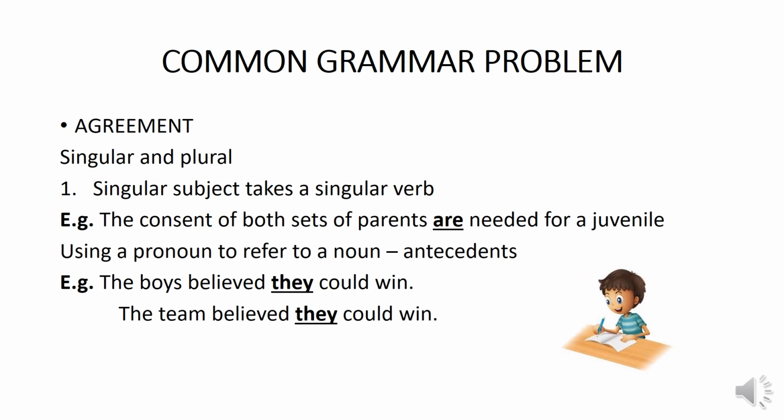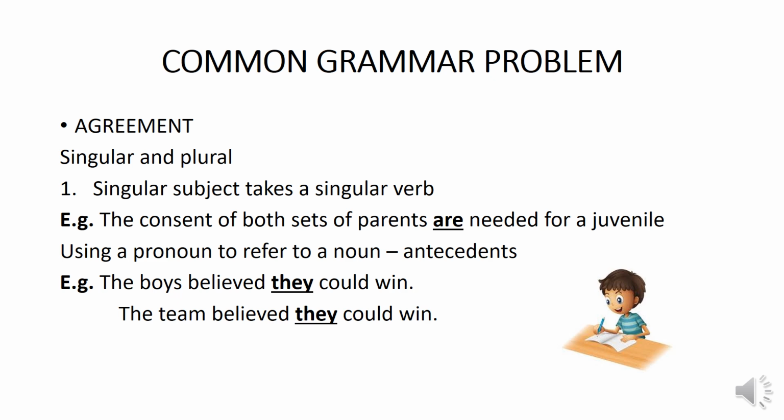Common grammar problems that we need to resolve: the singular and plural agreement. So singular subjects take a singular verb. We need to understand what singular subjects are, and what singular verbs are as well. An example is: the consent of both sets of parents is needed for a juvenile.